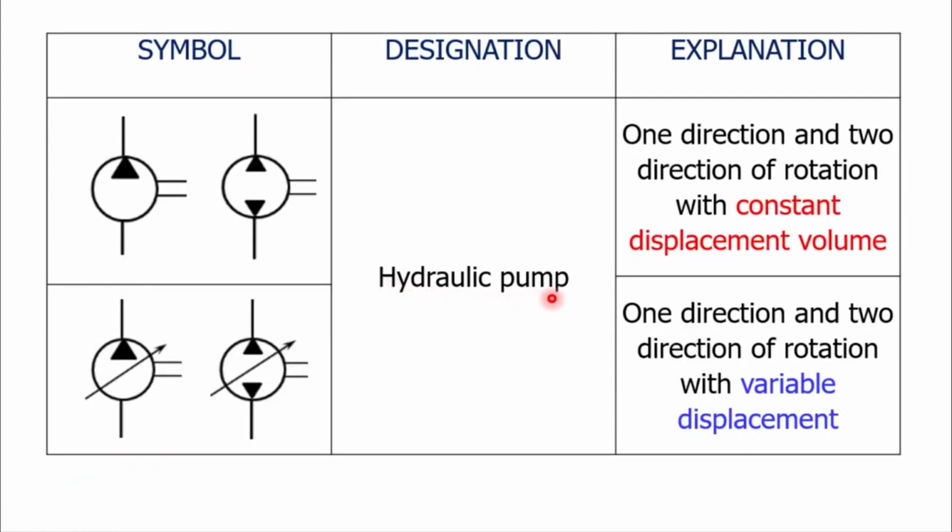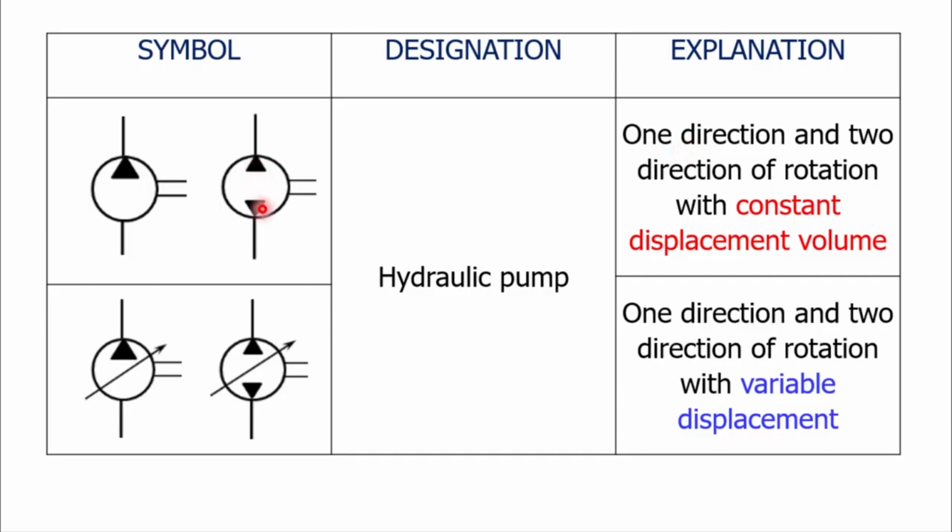The hydraulic pump is basically designated by using a circle, and that circle has a filled-in triangle. The filled-in triangle designates the hydraulic pump. When only one triangle is provided, the meaning is that this is a one-direction pump.